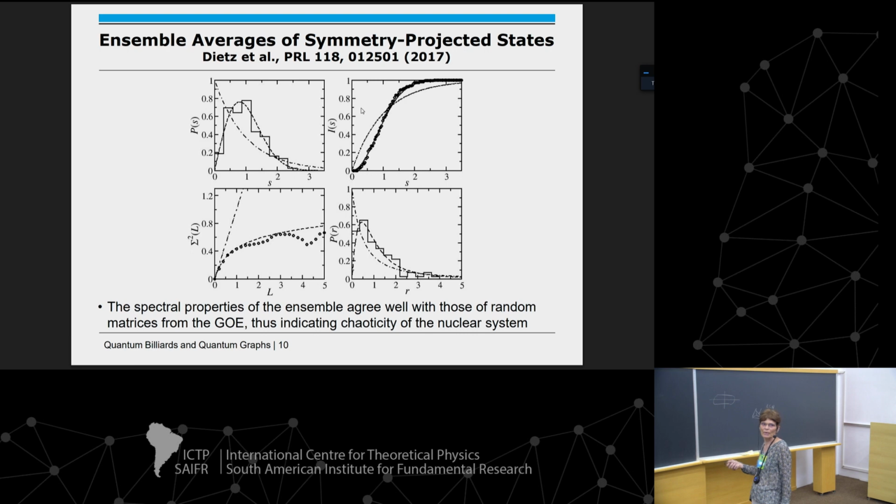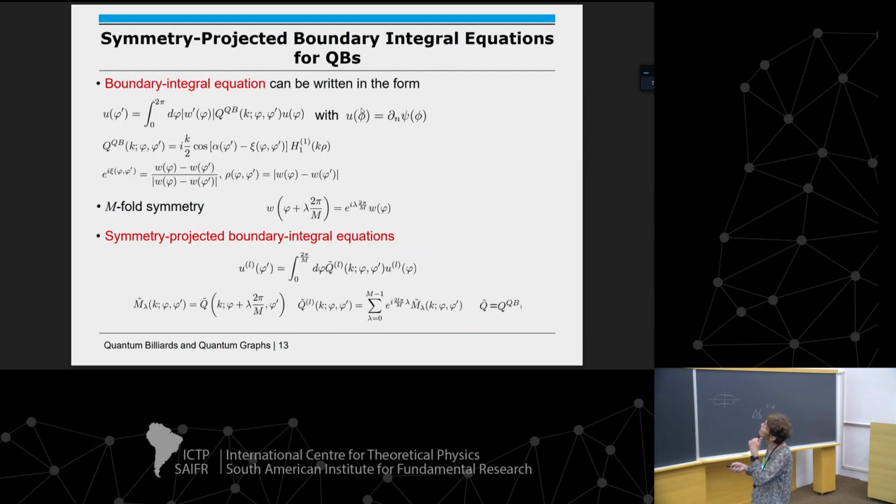But there can also be another reason. Even if you have 1,000 eigenvalues, you will see saturation at some point, and this value of L depends on the length of the shortest periodic orbit. Because the shortest periodic orbit is a non-universal property in a sense. I showed you one figure.